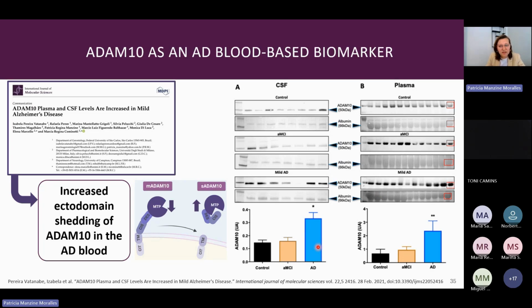This led us to think that maybe in Alzheimer's disease there is an increase of ectodomain shedding of EDN10 in the blood, which would explain the decreased levels in platelets and increased levels in plasma and CSF.